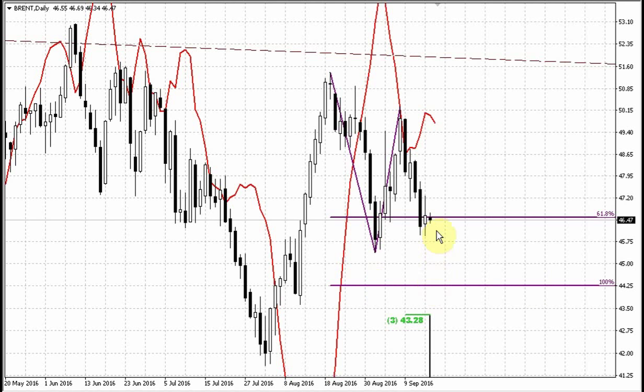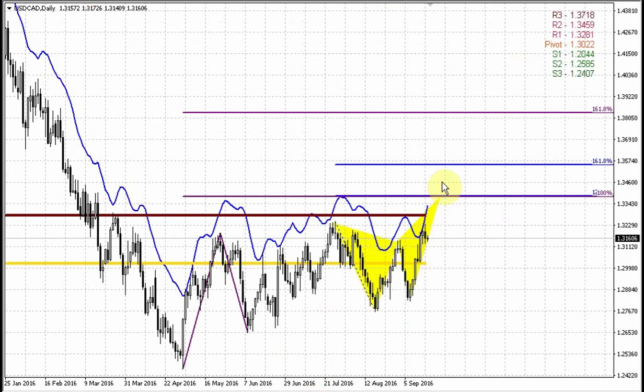This gives us some background for expecting the same action on the Canadian dollar. As crude oil starts to fall, the Canadian dollar also should start to fall in terms of the Canadian dollar itself, but not in terms of the chart. On the charts, the line should move higher, to the upside.